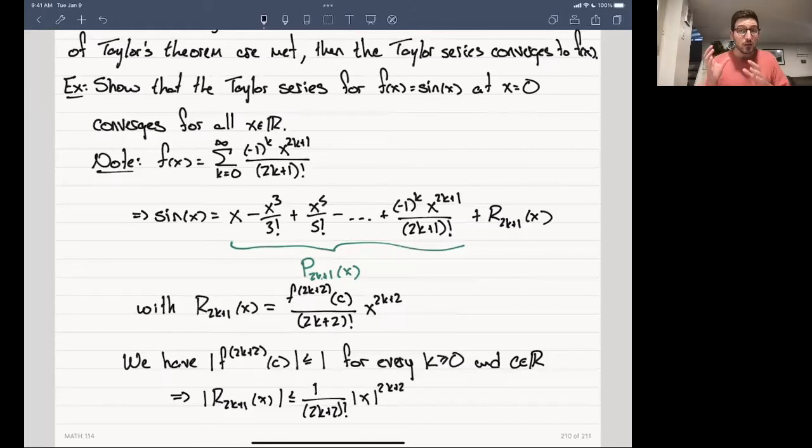This should feel familiar because it's very similar to what we do for the trapezoidal rule and Simpson's rule for estimating integrals. It's just using summations, right? You're just asking how many terms do I need to add together before this thing gets really close to where I want it to be.